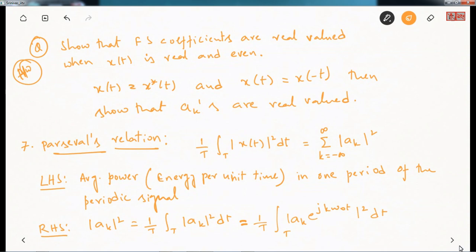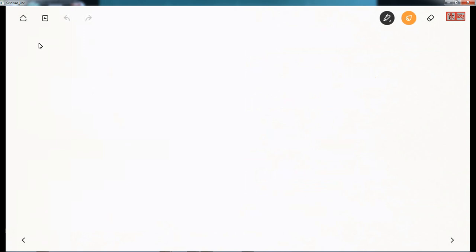So on the right hand side is the average power in one period of the kth harmonic.